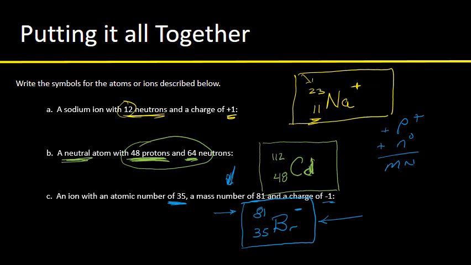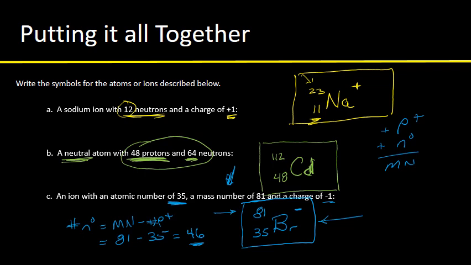And that means that, let's come down here, number of neutrons equals the mass number minus the number of protons, so 81 minus 35. And 81 minus 35 is going to be, let's see, 46. So this particular ion has 35 protons and 46 neutrons.